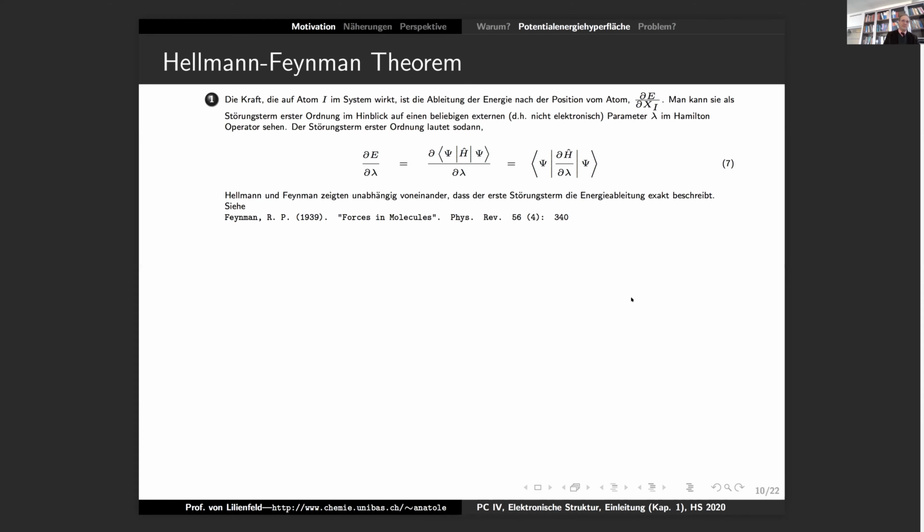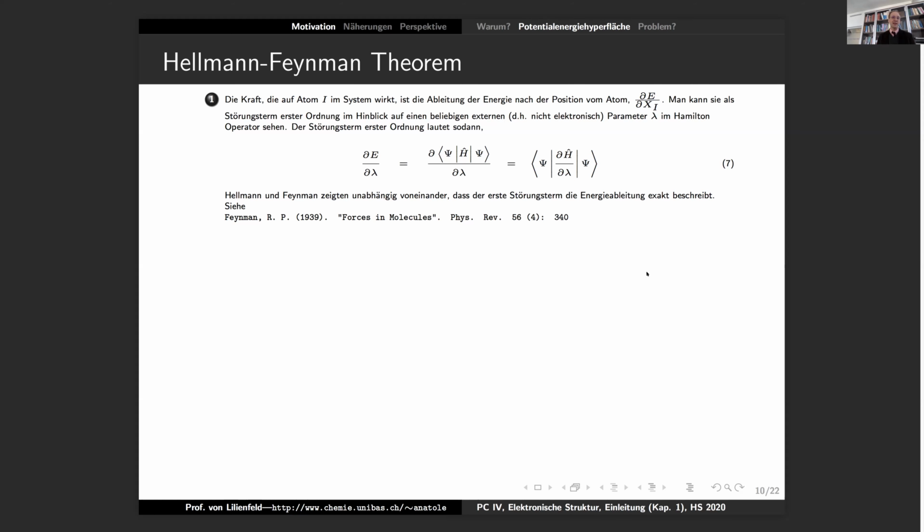All right, so let's get started with the forces on the atoms. You can, by classical mechanics, ask yourself, what is the force? It's the derivative of your potential energy. And so we derive this potential energy with respect to a change in the position of your particle.